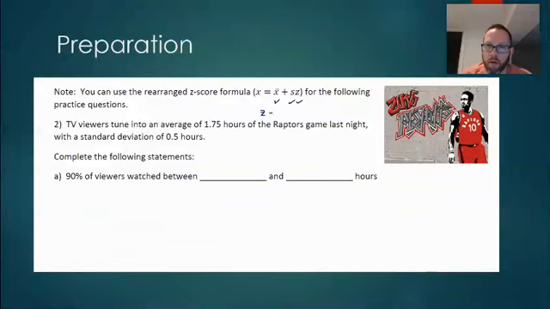Do it once for -1.645, and that will give you the lower bound, and do it for +1.645, and that will give you the upper bound. And then you'll be able to say, hey, 90% of viewers were probably between these 2 values. So you might want to pause the video and try that and unpause when you're ready, because I have the solution for these next few done already.